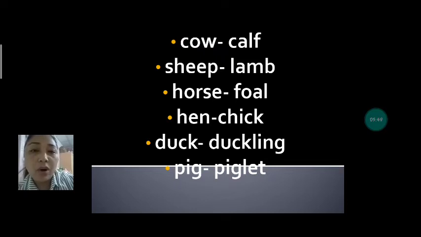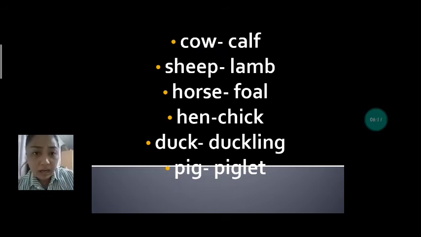It's a foal. Very good. Next we have hen. What do you call a baby hen? It's a chick.